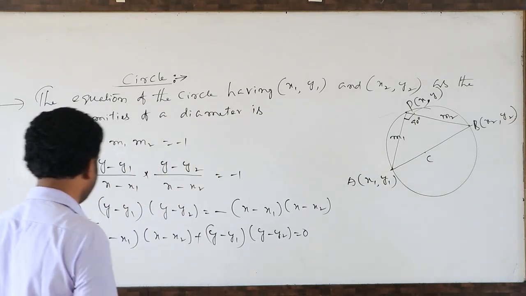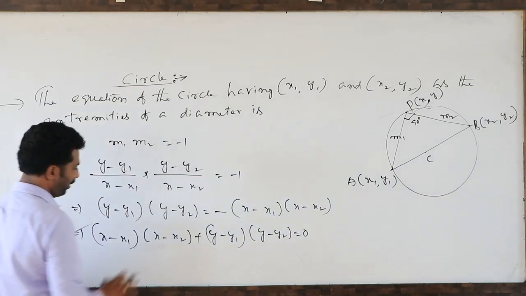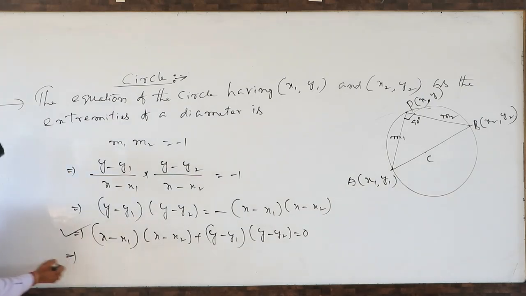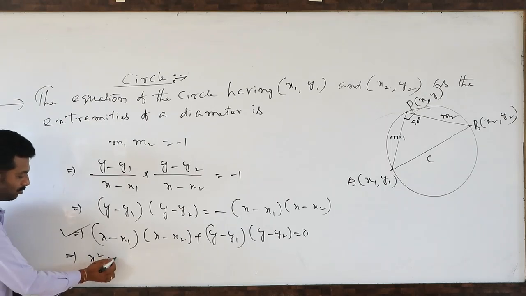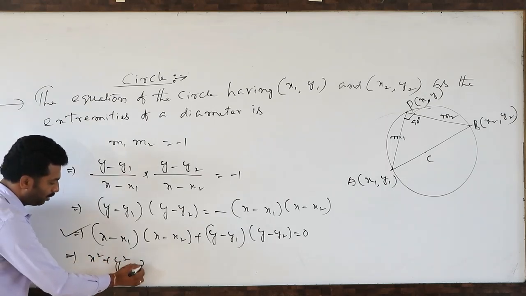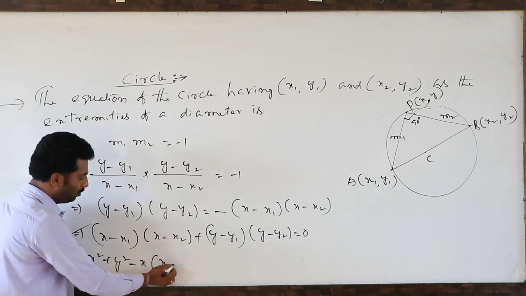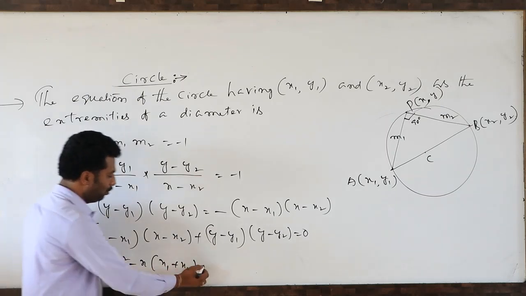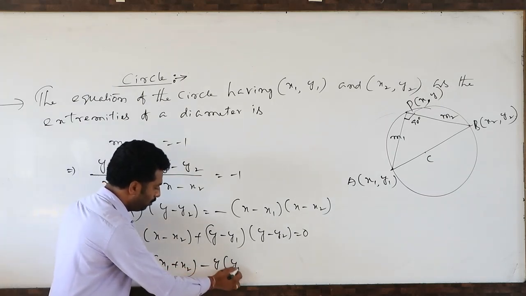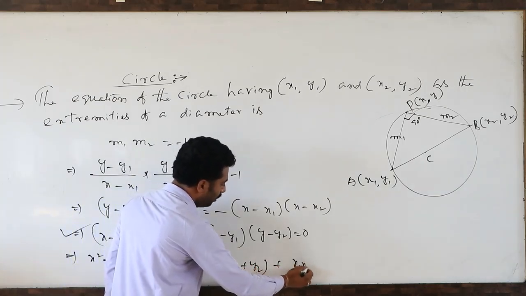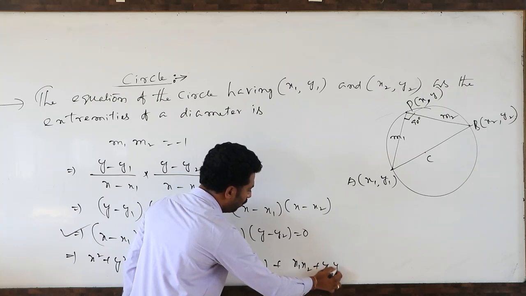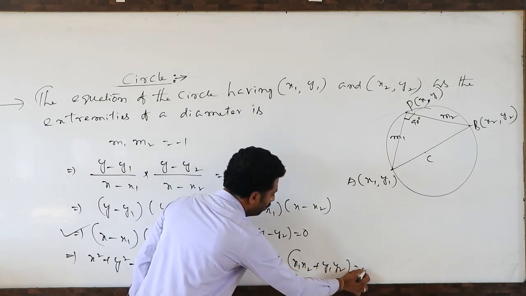End points of the diameter of a circle given. Or you can remember like this. If you multiply these two, x square plus y square minus x into (x1 plus x2) minus y into (y1 plus y2) plus x1 x2 plus y1 y2 equals 0.